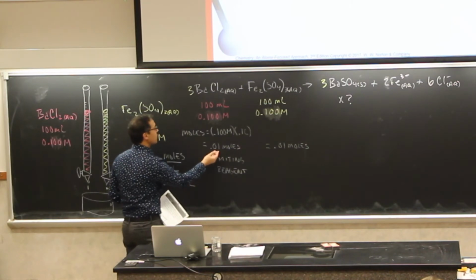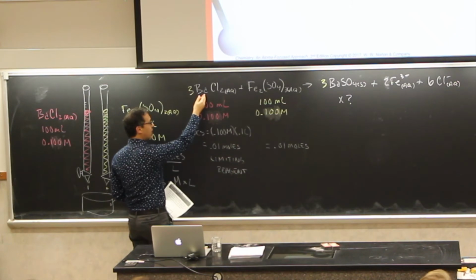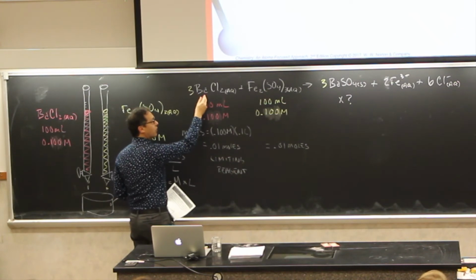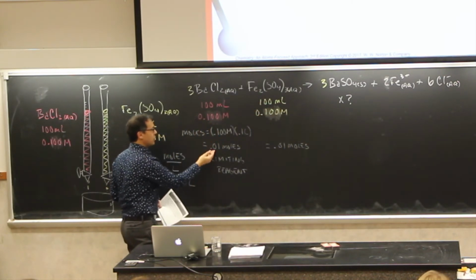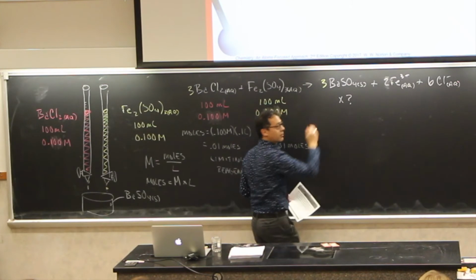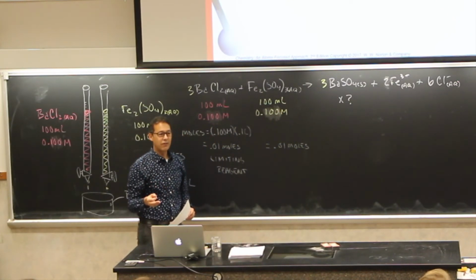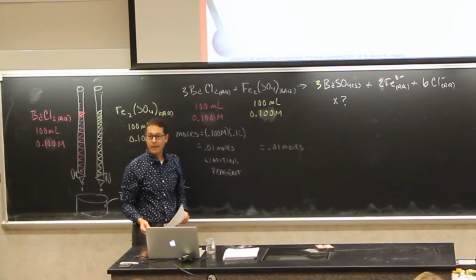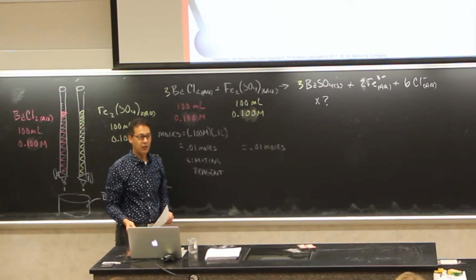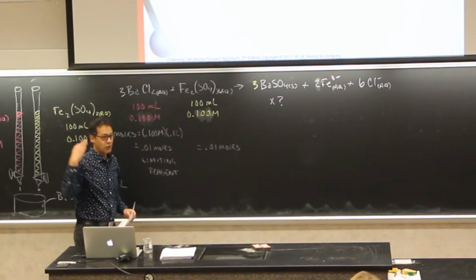So now if this is our limiting reagent, we can go through our stoichiometry and say if I've got 0.01 moles of barium chloride and it's a 3:3 ratio, that means I'll have 0.01 moles of barium sulfate. And I can just take my barium sulfate from moles and convert it into grams. So this would be a good thing if you've got a calculator to have that calculator out and follow along.